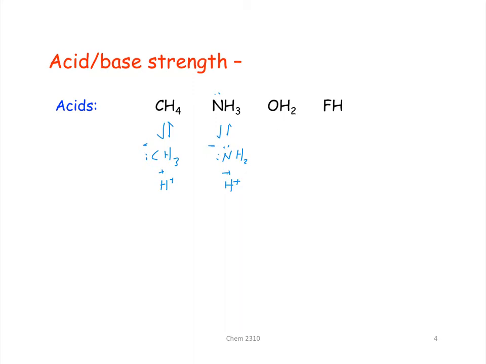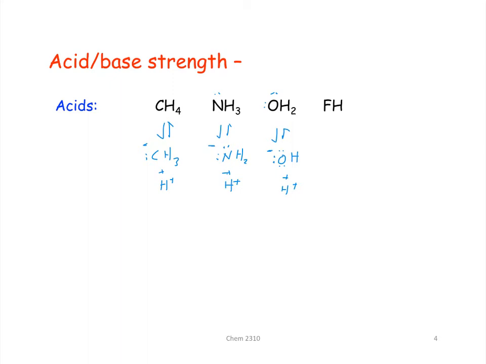So here's water. We know already what the conjugate base for water is, right? Oxygen has 2 non-bonding pairs to start with. The conjugate base now has 3. This will have a minus charge, and an H+. What's OH minus?